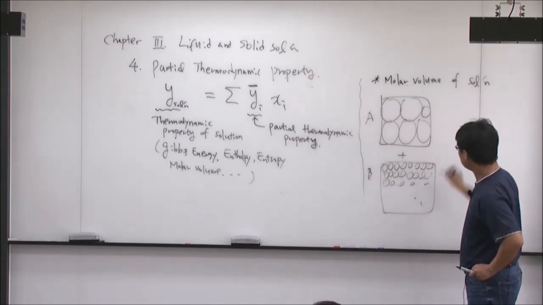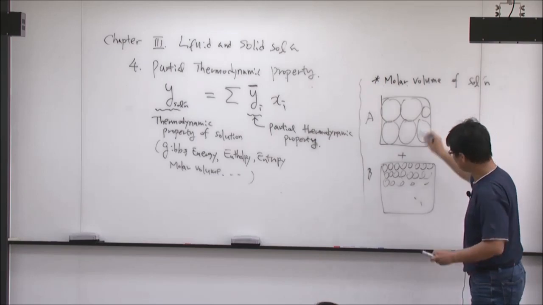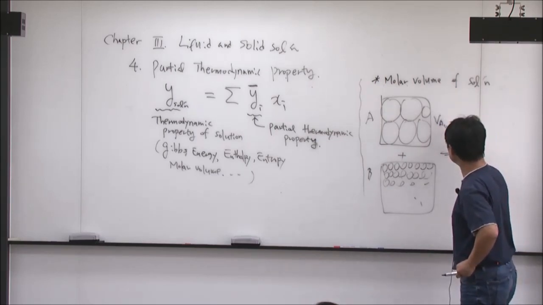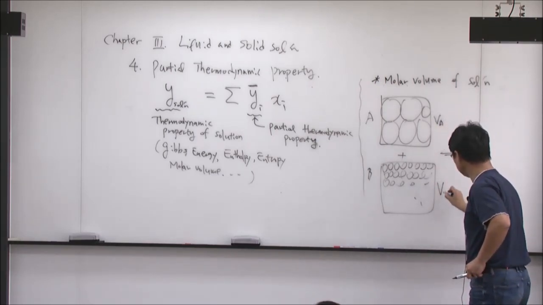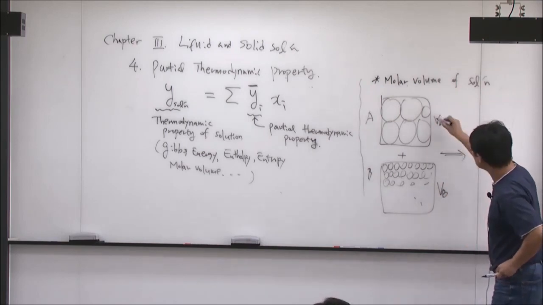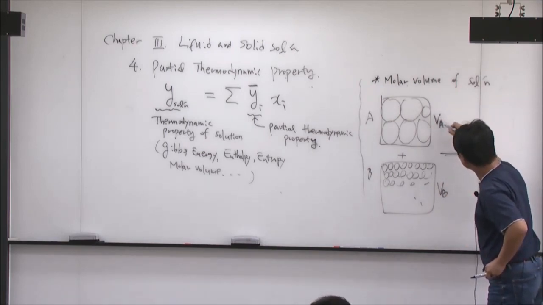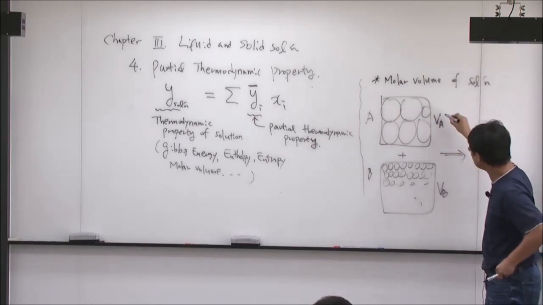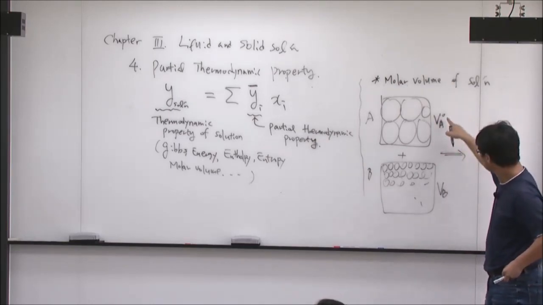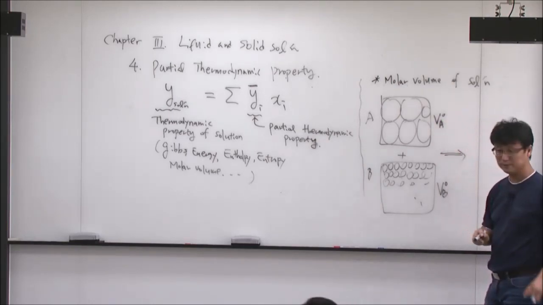Okay? And then if you mix it together, let's assume this one is VA, and this one is VB. In order to say this is pure A, let's just put a special mark, VA naught, VB naught.